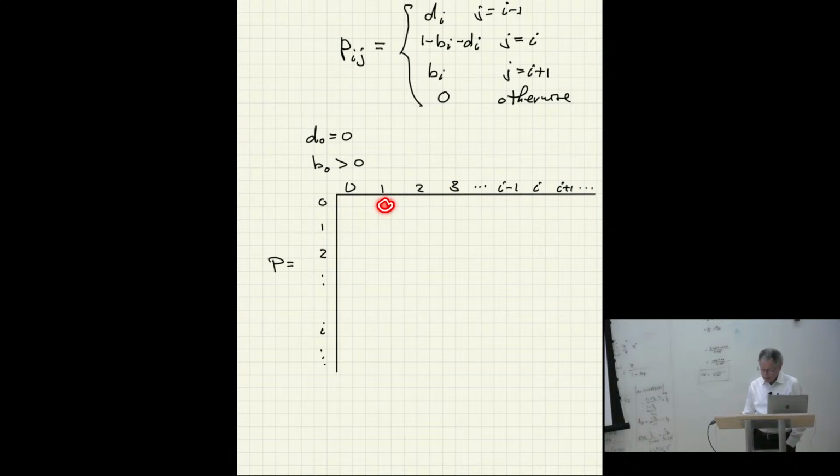If you have an empty situation in state i, and you want there to be 1 in state j an instant later, what is the probability that goes in there for the P_ij? Excuse me? b_i, not quite b_i, b_0, exactly. And there's no death, so what's the probability going from 0 to 0? You're in 0, and this next step, you're still there. No birth, which means 1 minus b_0. And all these other entries in the first row will be zeros.